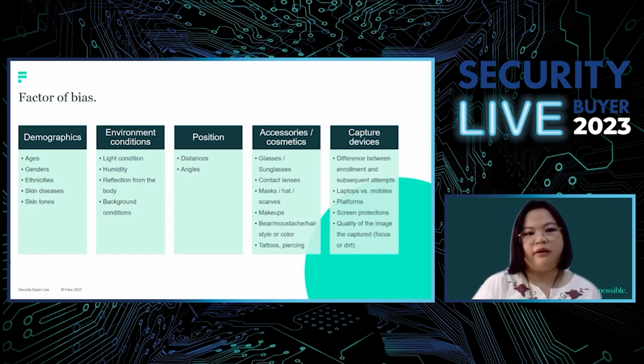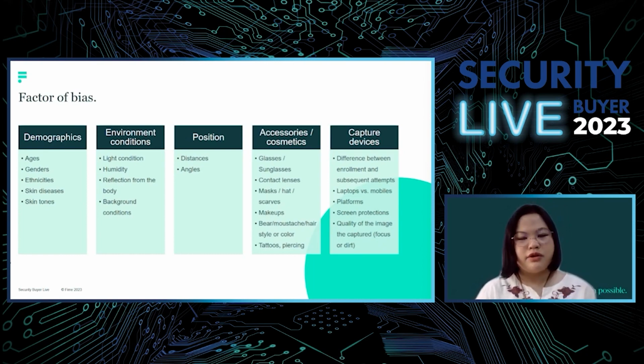And also the environment conditions, where the users are using the biometric solutions. It's not necessarily indoor and it's not necessarily outdoor; it can be in a tropical area or a colder area. So different environment conditions may also introduce inconsistencies in the results.